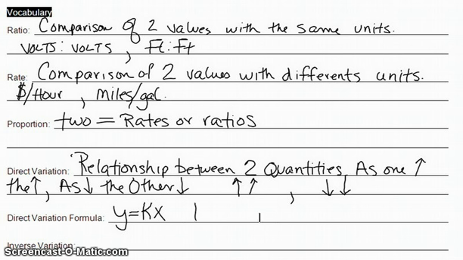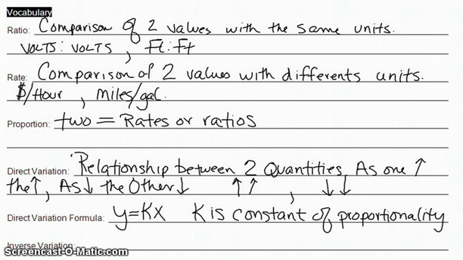And in this case, k is the constant of proportionality. In other words, in my example above about wages and hours, the constant would be the amount you're paid per hour. If you're paid $10 an hour, that would be your constant of proportionality.